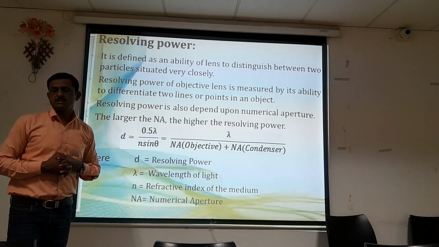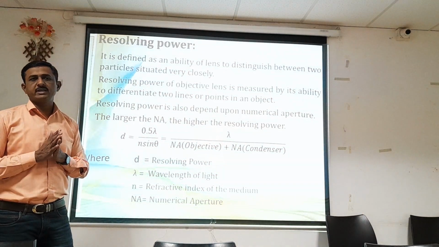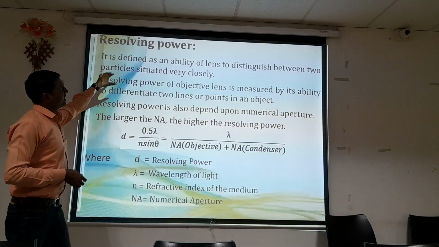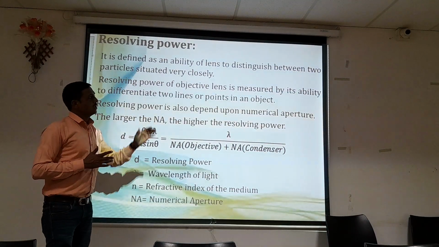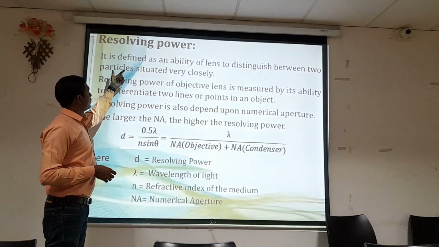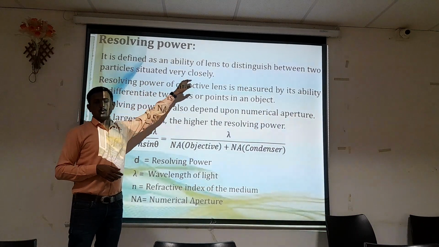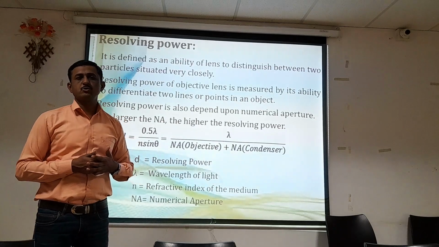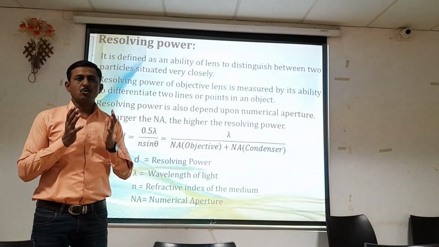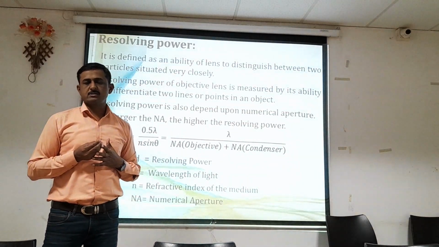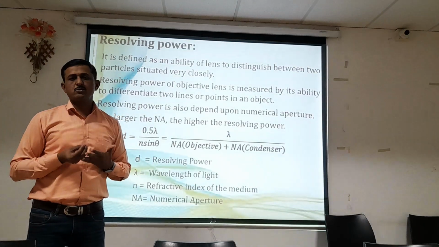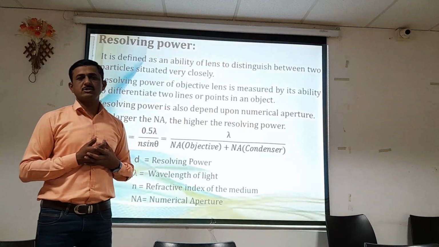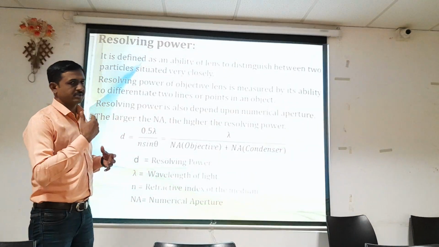Resolving power. It is nothing but how the object can be resolved, or how we can achieve higher magnification. It is defined as the ability of a lens to distinguish between two particles situated very closely. When we talk about microscopy, we use a microscope to observe small microorganisms, and we can magnify them up to 100 or 1000 times their actual size.